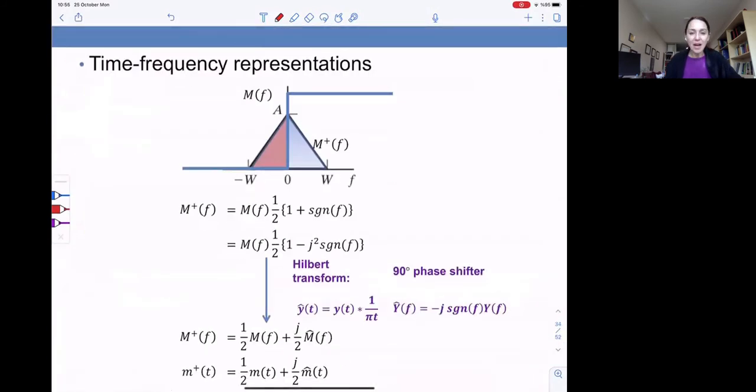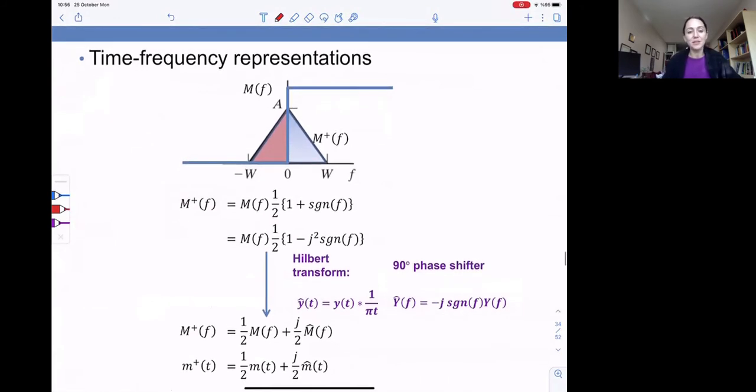So let's now see the mathematical representation of SSB. It's really quite fascinating. So in frequency domain, this is really easy to think about. So let's start from the frequency domain.